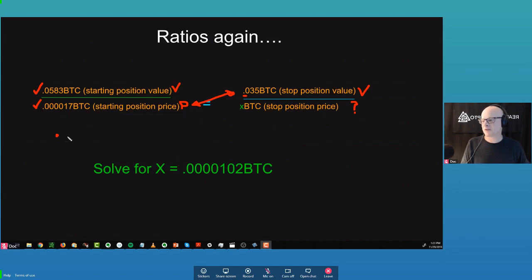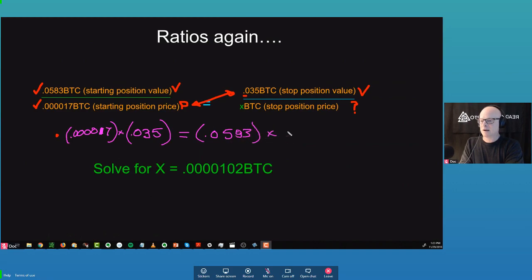So we're going to go 17 times 0.035 equals 0.0583 times X. We're going to multiply these two together and come up with some kind of a product.